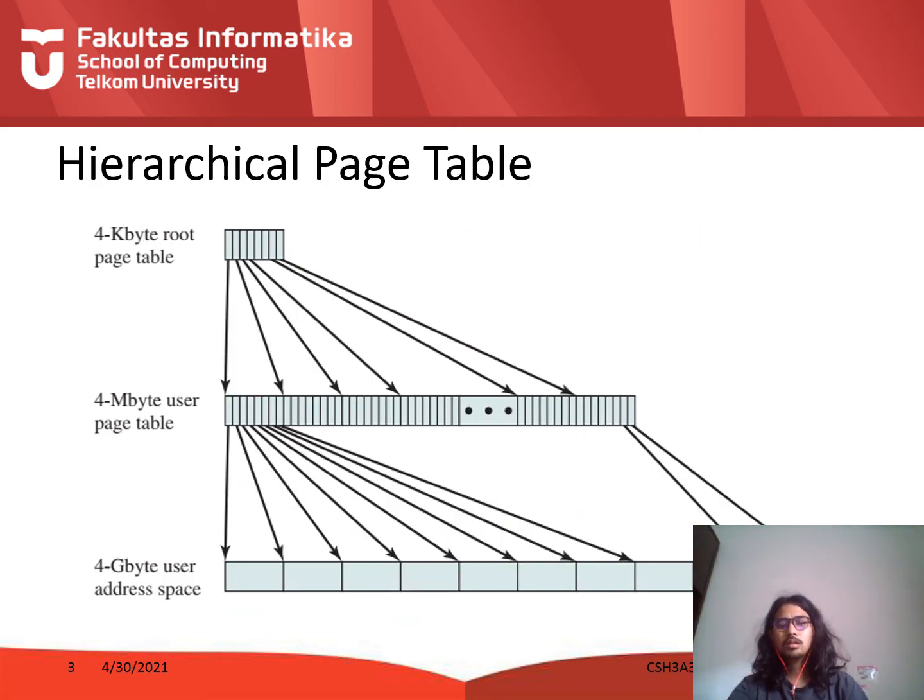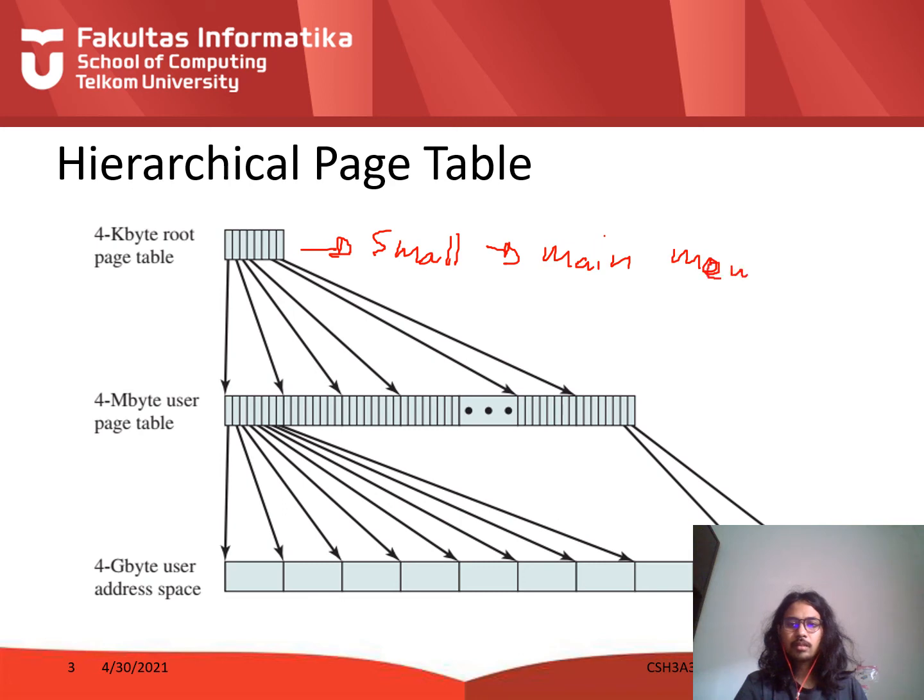So the hierarchy of the page table will look like this. There is a small page table with the size of 4 kilobytes, and this is inside the main memory. And this root page table addresses a larger page table with the size of 4 megabytes.